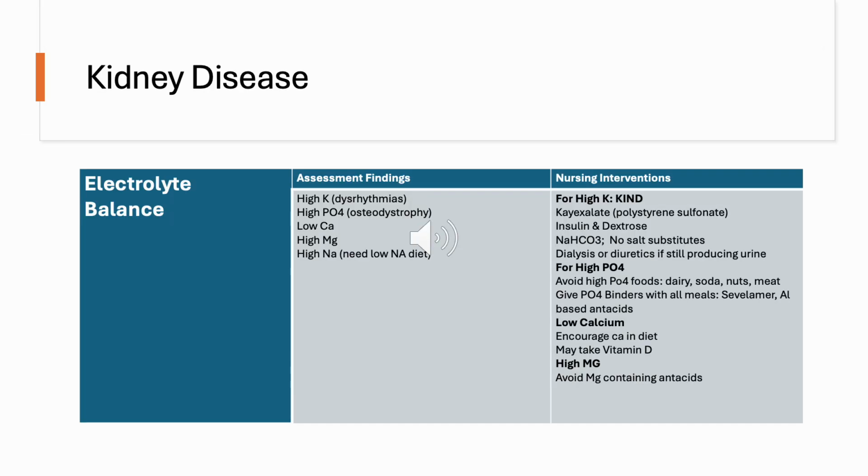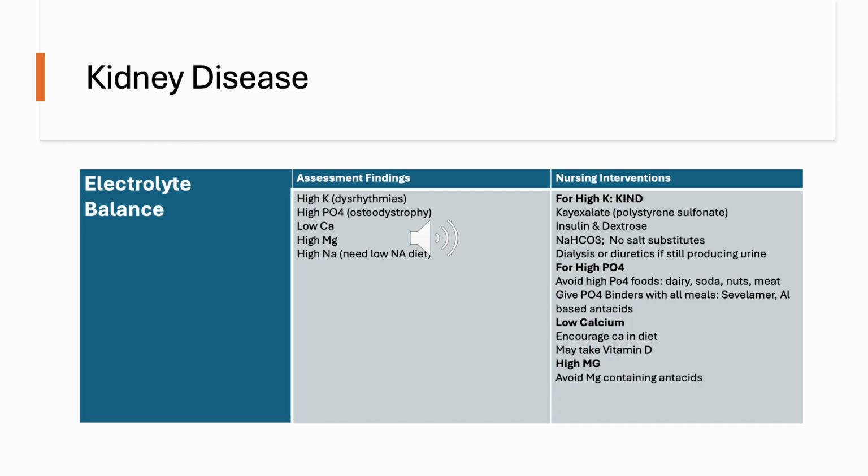Okay, for electrolyte imbalances, there's going to be a lot of electrolyte imbalances if somebody has kidney disease, because the kidney can no longer remove potassium through the urine, okay? So the patient is going to have a high potassium, and they're going to suffer from dysrhythmias because of this. So you always want a patient with kidney disease and a high potassium to be on a monitor. They're going to have high phosphate levels and low calcium levels.